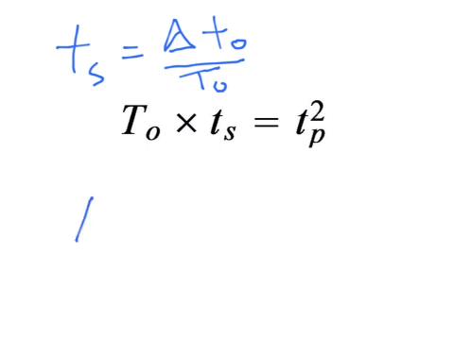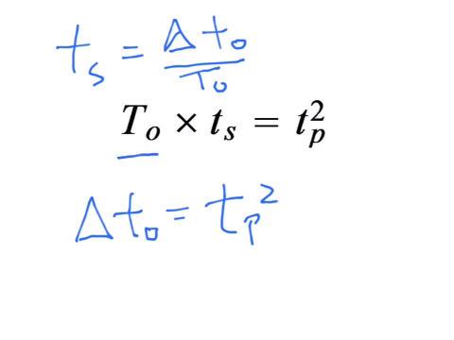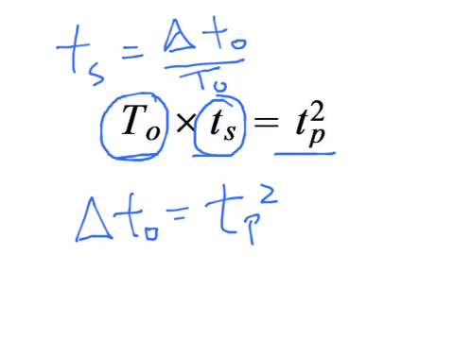And we know that delta T sub O is equal to the Planck time squared. So we can say that large time times small time is equal to a constant, the Planck time squared. This is our largest unit of time and our smallest unit of time. When we multiply them, we get a constant, the Planck time squared.